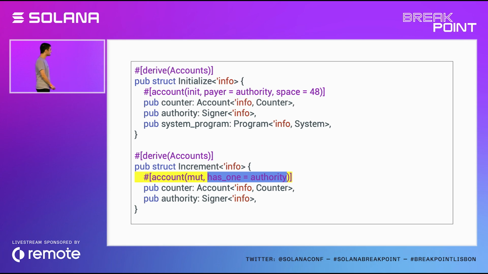Next thing we have here is this has_one thing. This is some syntactic sugar, but it basically defines a constraint that says, if the counter's authority property is indeed equal to the given authority, then the struct will successfully be created, and if it's not, then the struct will fail and the transaction will abort.